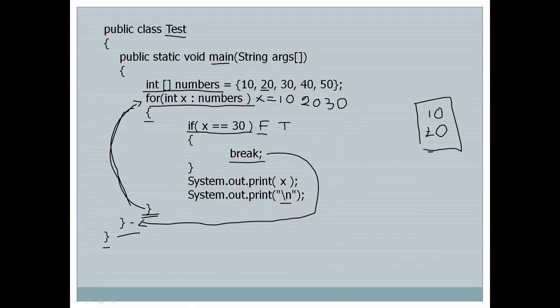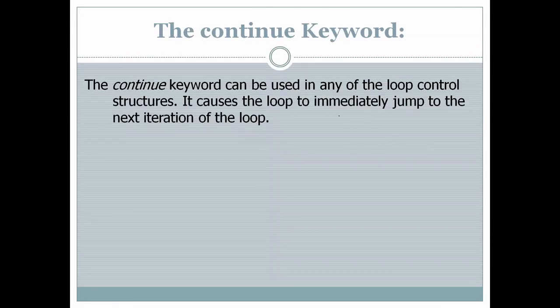Okay, let's move to the next statement. The next statement is the continue statement. The continue keyword can be used in any of the loop control structures. It causes the loop to immediately jump to the next iteration of the loop.